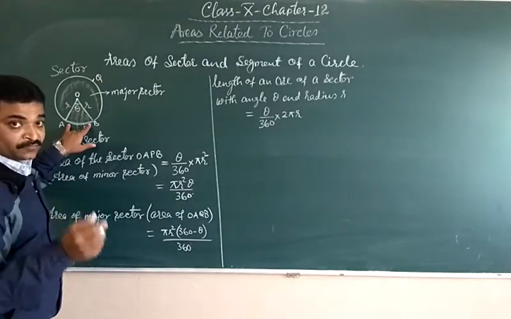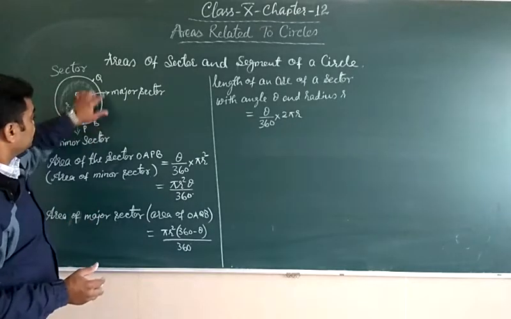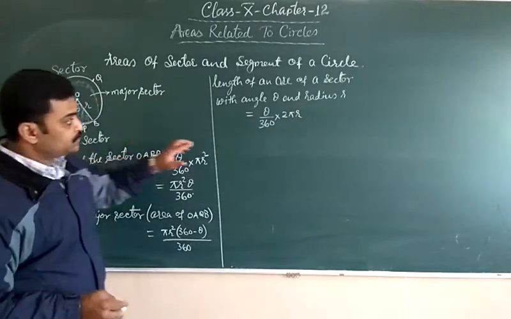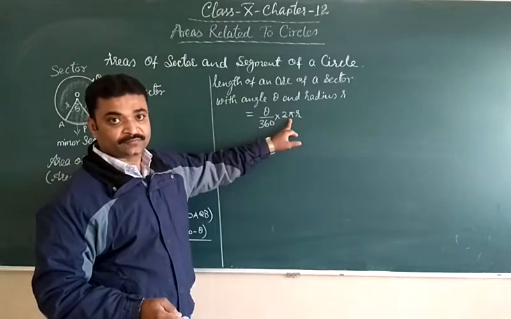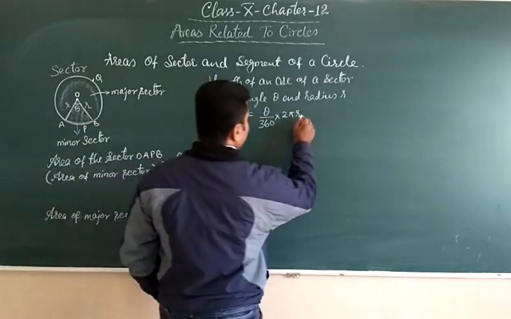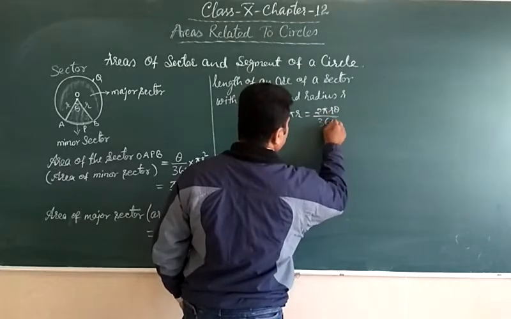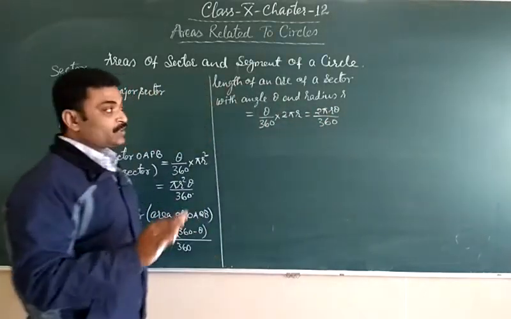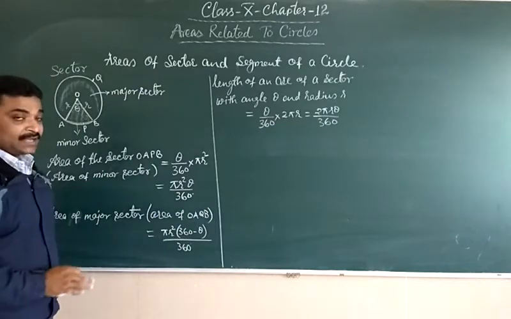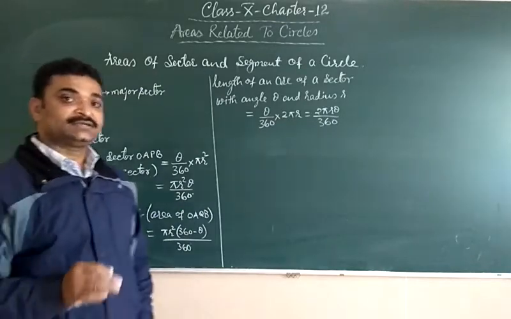Arc, which arc? Part of the circumference, that means 2 pi r. Sometimes we write 2 pi r theta upon 360. It is the length of an arc of a sector with angle theta and radius r.